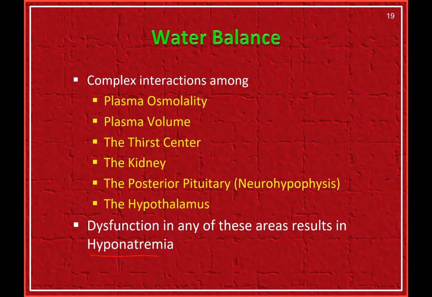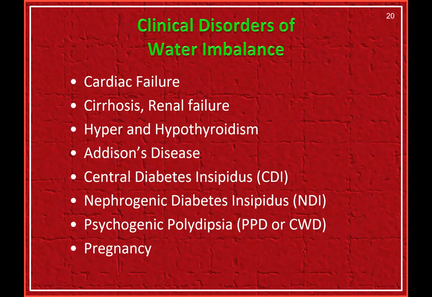Now, what are the clinical disorders associated with water balance and indirectly with the sodium balance? Cardiac failure, cirrhosis, renal failure, hypothyroidism, Addison's disease, central diabetes insipidus, which we have seen very extensively previously when dealing with water metabolism, nephrogenic diabetes insipidus and psychogenic polydipsia. These are the three forms of diabetes insipidus which we have already understood earlier.